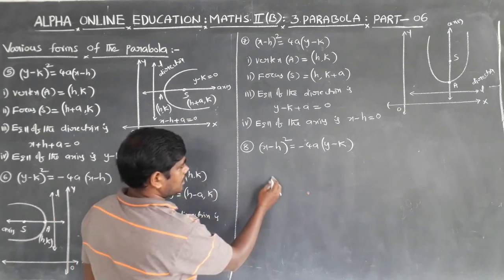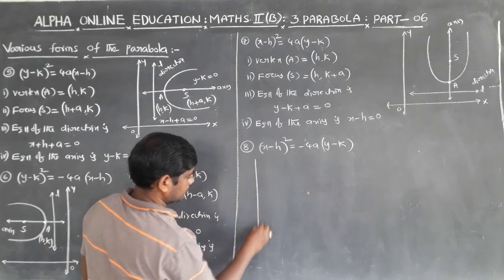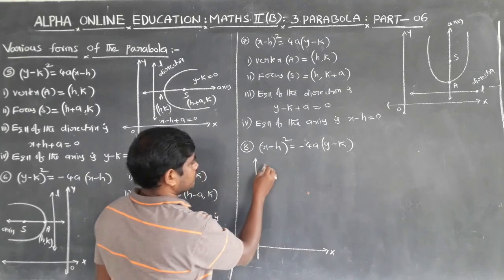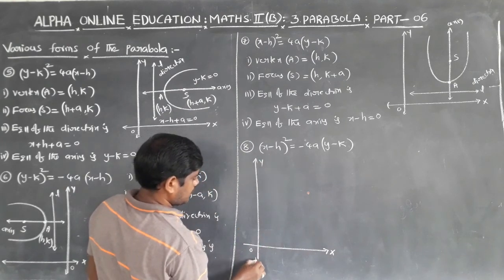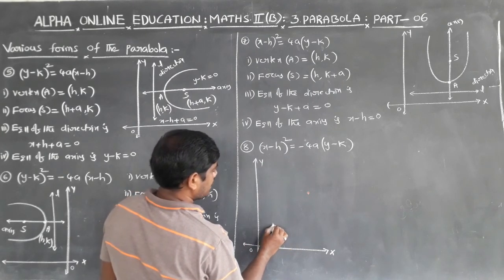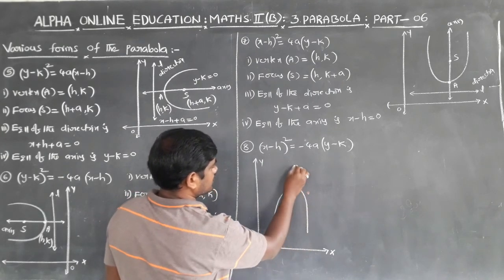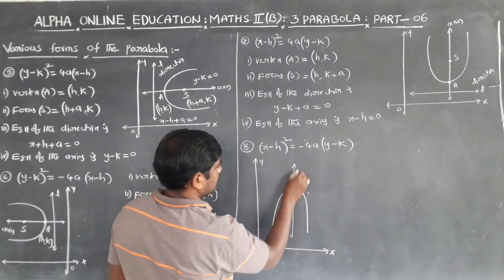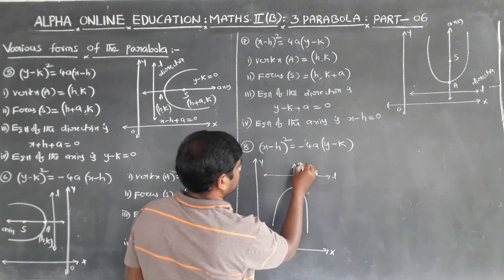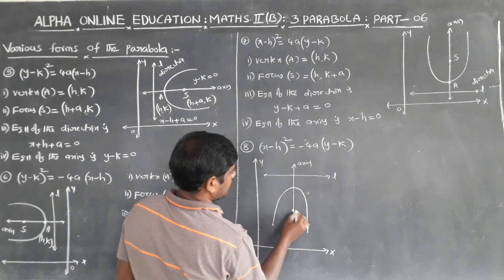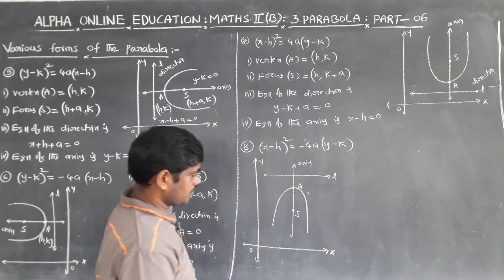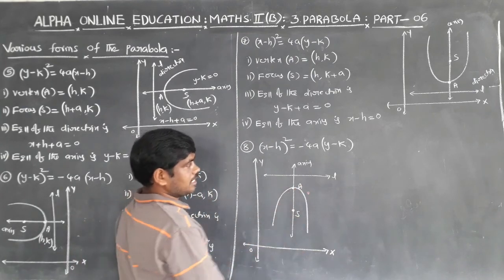This is the diagram of the parabola x minus h whole square is equal to minus 4a into y minus k. This is the axis, this is the directrix L, this is the focus, this is the vertex A.